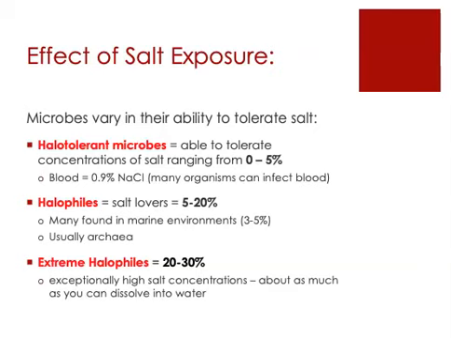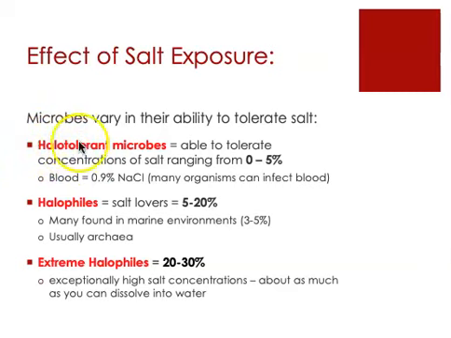Remember, we used specific language when we talked about an organism's ability to tolerate heat. We talked about mesophiles and thermophiles and so on. We also have specific language when it comes to their ability to tolerate salt. We talk about halo-tolerant microbes. Halo translates as salt.